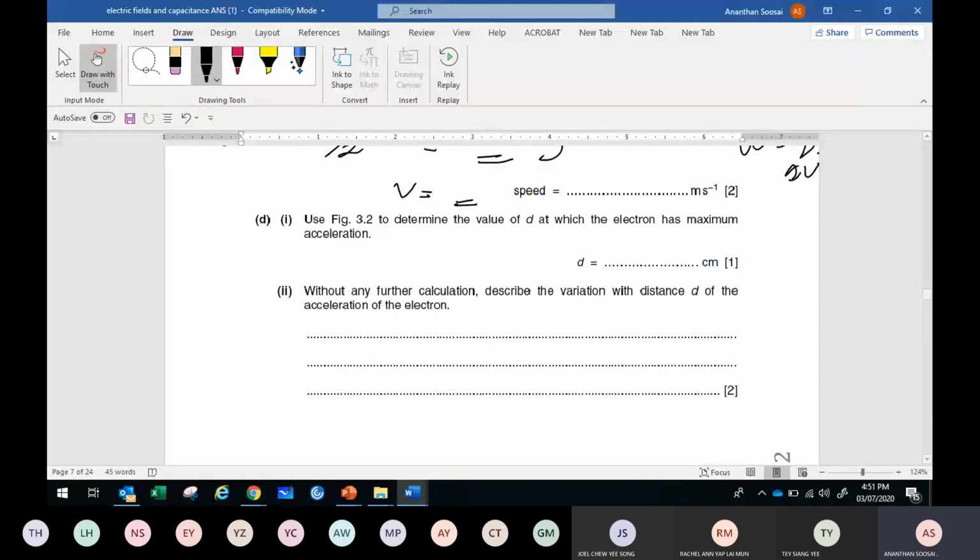Two marks. Without any further calculation, describe the variation with distance d of the acceleration of the electron.